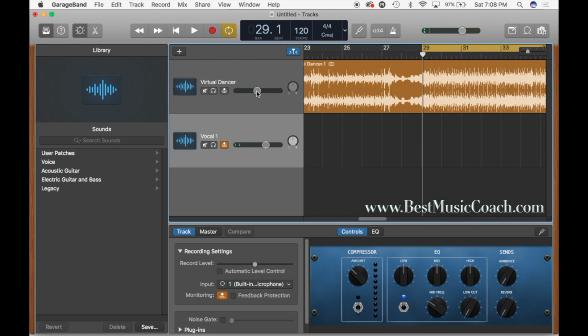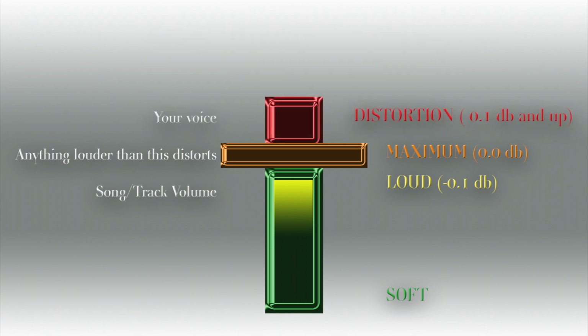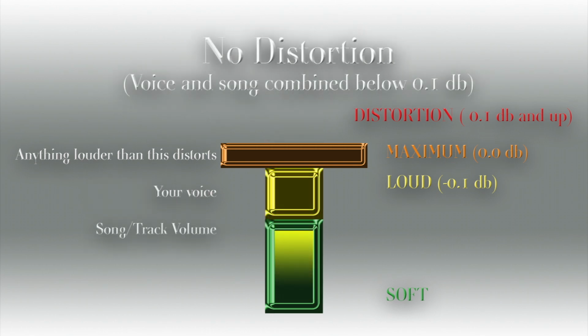This is because when your karaoke track or song was released, it was made as loud as it could possibly go. Since we're going to be singing on top of that amount of volume, that would normally create distortion in your headphones or computer speakers and ears, which is something we don't want. So by turning the track back, you create room for your vocals.